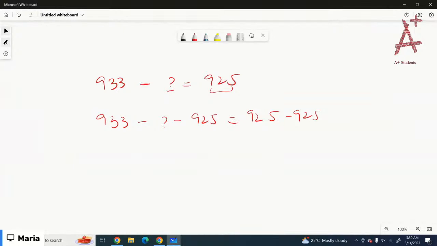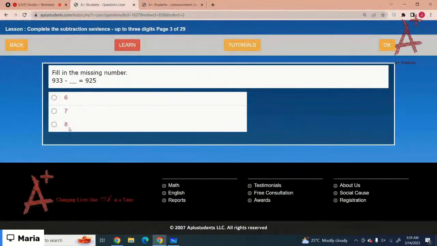So when you subtract 925 out of 933, you're left with 8. That means the missing number is 8. Got it? So the correct option is 8.